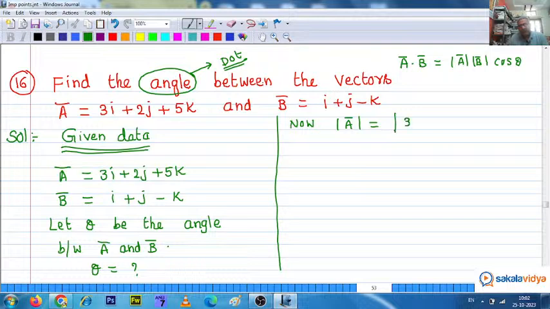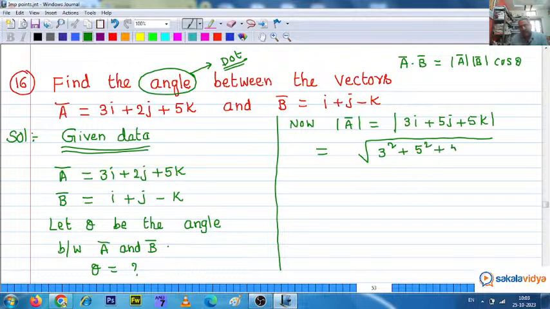Modulus of the vector A, 3i plus 2j plus 5k. Don't get confused about how to find the modulus of a vector given as a linear combination of i, j, k. We write the i component squared, 3 squared, the j component squared, 2 squared, and the k component squared, 5 squared.